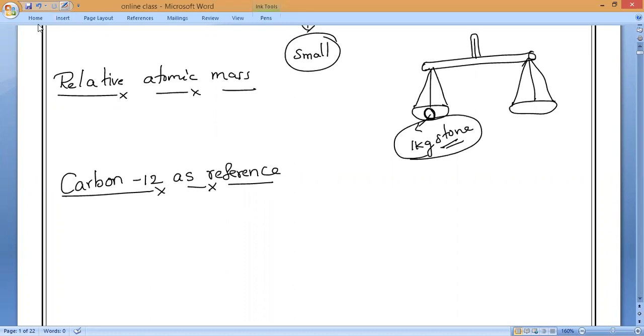Now, if we take carbon-12, as I told you, how many protons, electrons and neutrons will be there? Carbon actually has 6 protons and 6 neutrons, so totally it will have a total atomic mass.